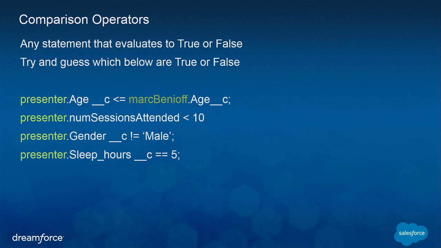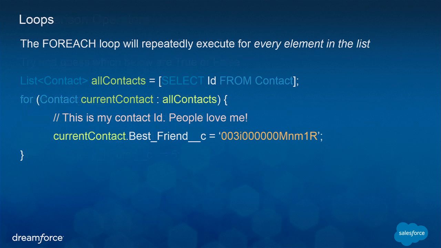Well, at some point, we have to be able to evaluate whether or not sleep hours is equal to 5. We have to have, at some point, given sleep hours a value. So I think we have a previous screen. Here we have best friend equals this record ID. That's where we're setting the value.